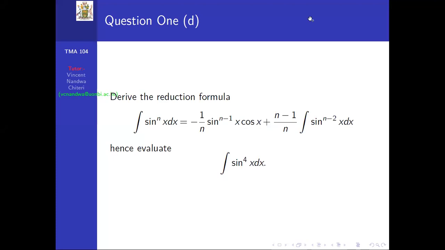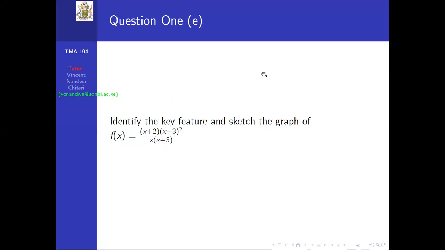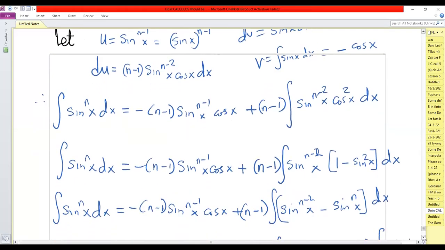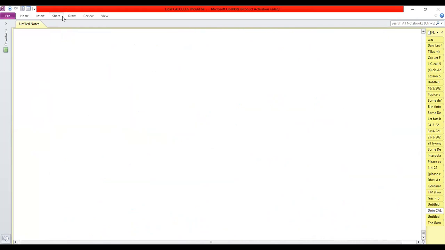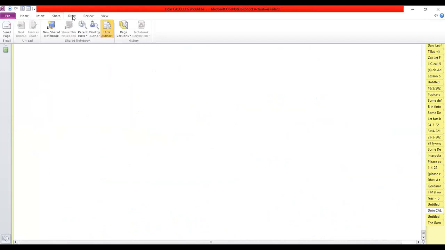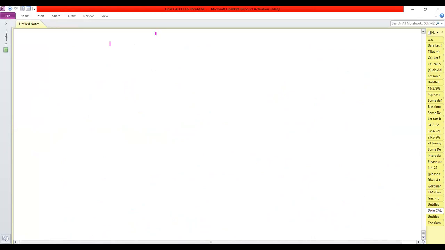So let's discuss the solution to this question 1b. So we'll have the first step is to work out the reduction formula for the integral of sine power n x dx.